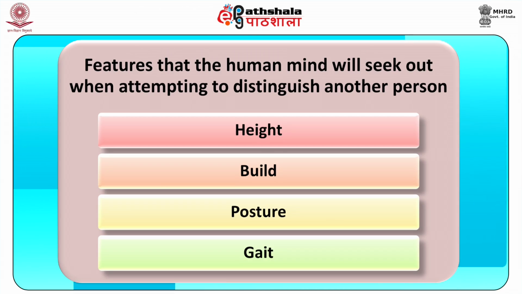Even though they are the most important elements in recognition and identification, facial features are not the only factor. Height, build, posture and gait patterns are the other features that the human mind will seek out when attempting to distinguish another person.